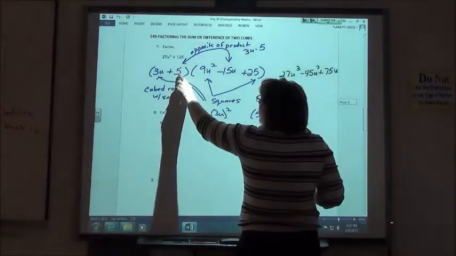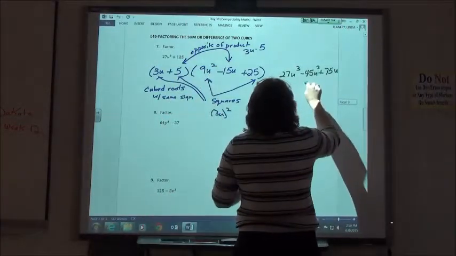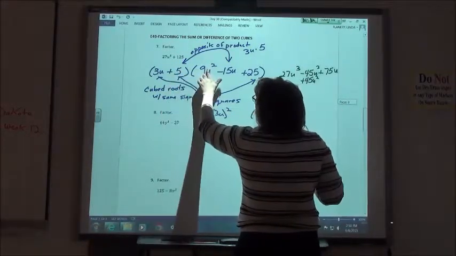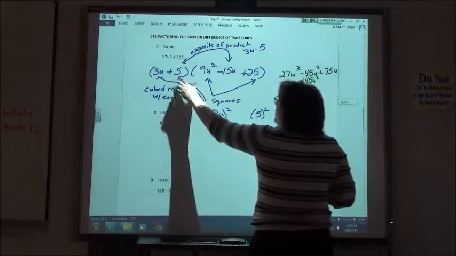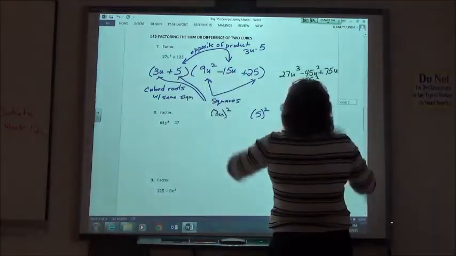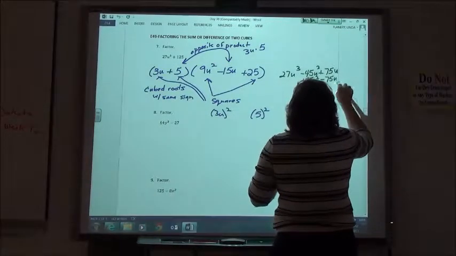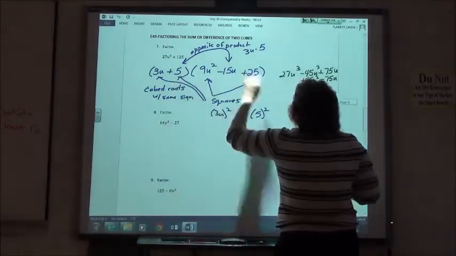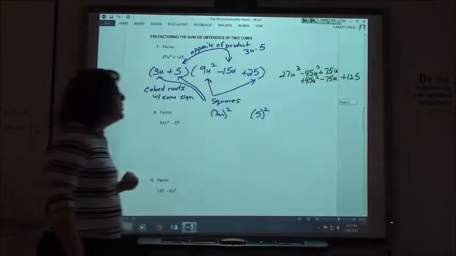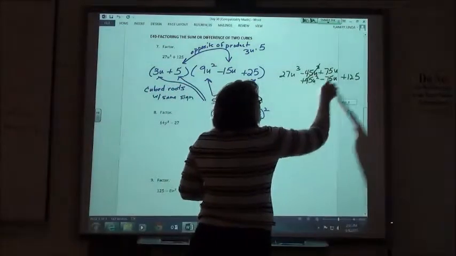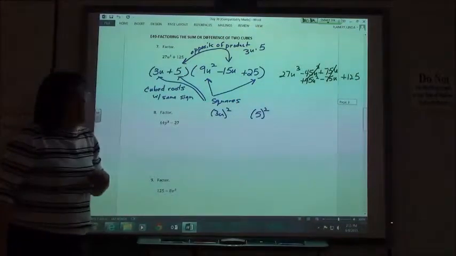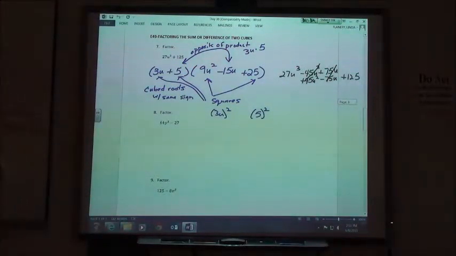Doing my 5. 5 times 9u squared is positive 45u squared. Right? 5 times 9u squared, 45u squared. 5 times negative 15u would be negative 75u. 5 times 25, positive 125. Notice when I multiplied those out, these are opposite, these are opposite. So I just get the 27u cubed plus the 125 when I FOIL that all the way out.